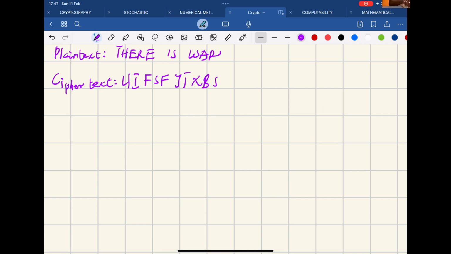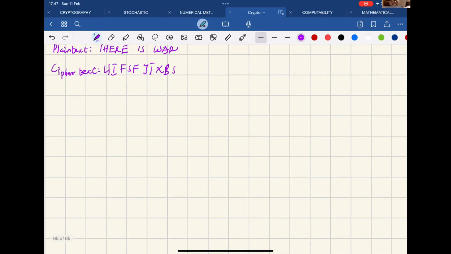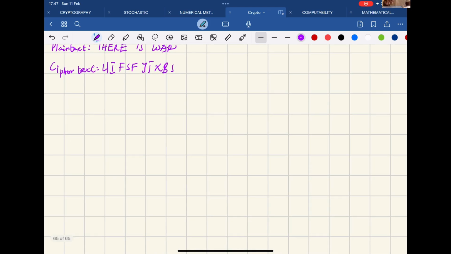Okay, so now let's look at this. In the English language, the most frequent letter is E, followed by T, with a probability of occurrence of 0.127 and 0.09 respectively.